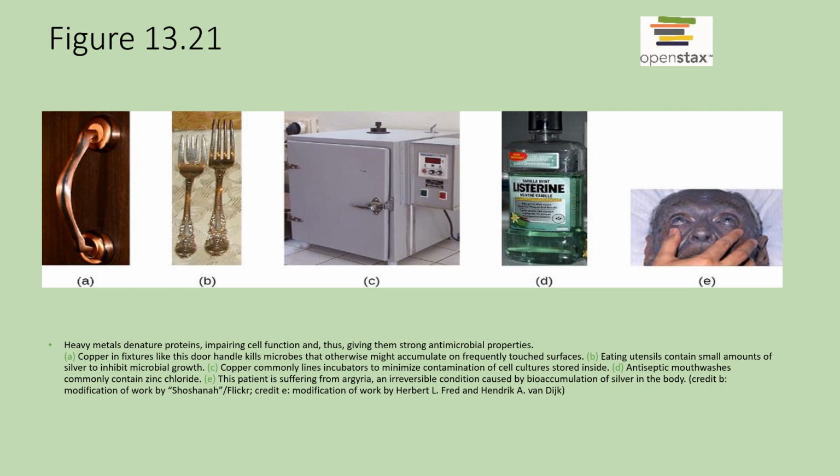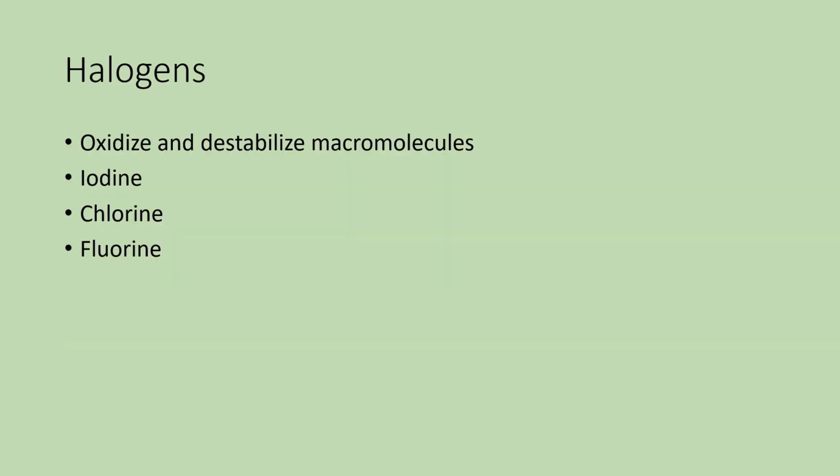So this is just showing some examples. Now, some of your antiseptic mouthwashes, such as Listerine, will use zinc chloride, that the zinc is effective in killing microorganisms. Halogens, they tend to destabilize large molecules and oxidize them. Halogens are things like iodine, chlorine, fluorine.